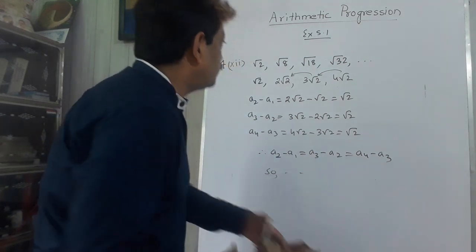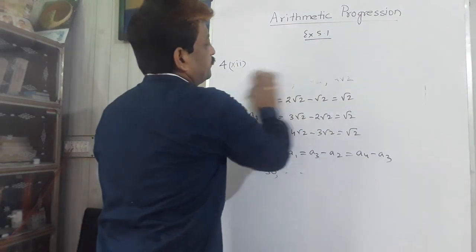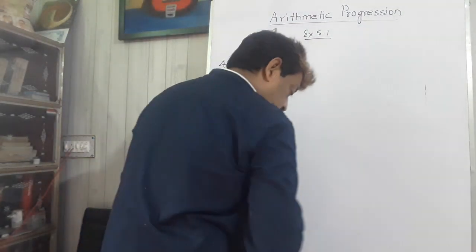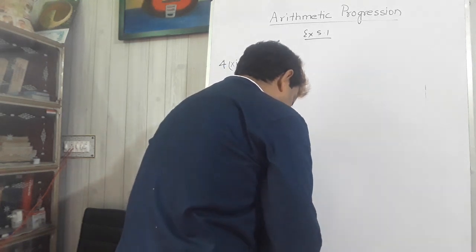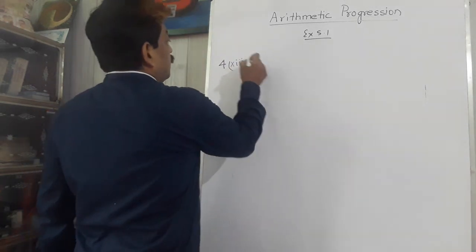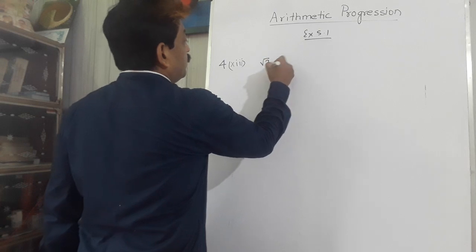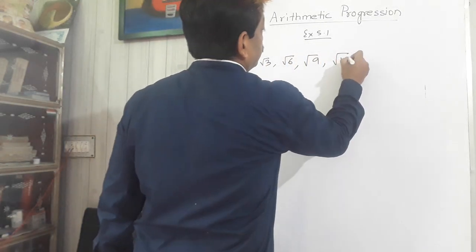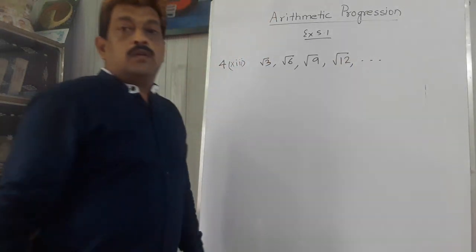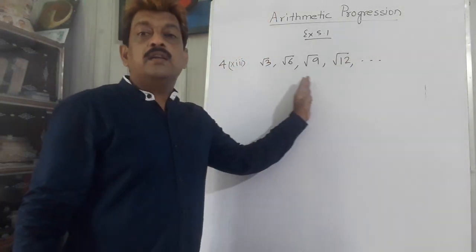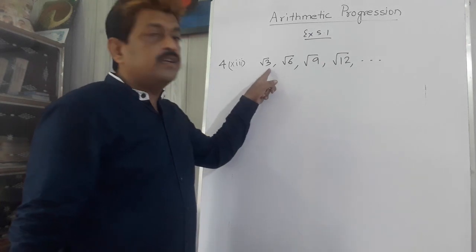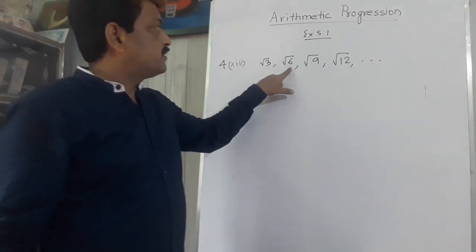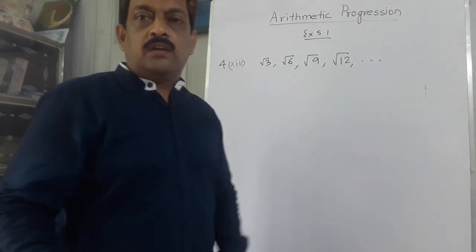Okay. So the next sum, that is number 13. Root 3, root 6, root 9, root 12 and so on. Now apparently it looks like a fixed number is added to each term to get the next term. See, it is 3, 6, 9, 12.